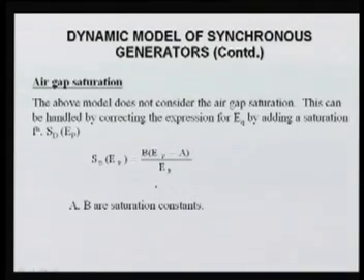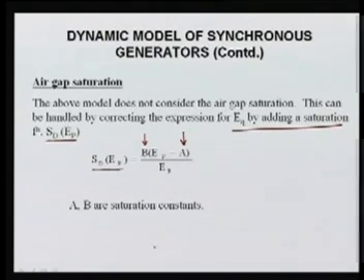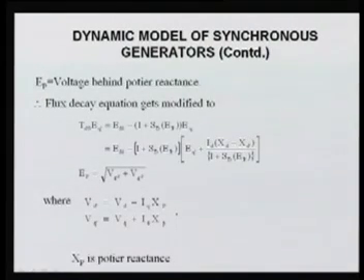To include the air gap saturation, as we saw in the previous equations, no saturation was included. This can be handled by correcting the expression of EQ by adding a saturation function, SE(EP). This SE(EP) is defined as B times (EP minus A) upon EP, where A and B are saturation constants.